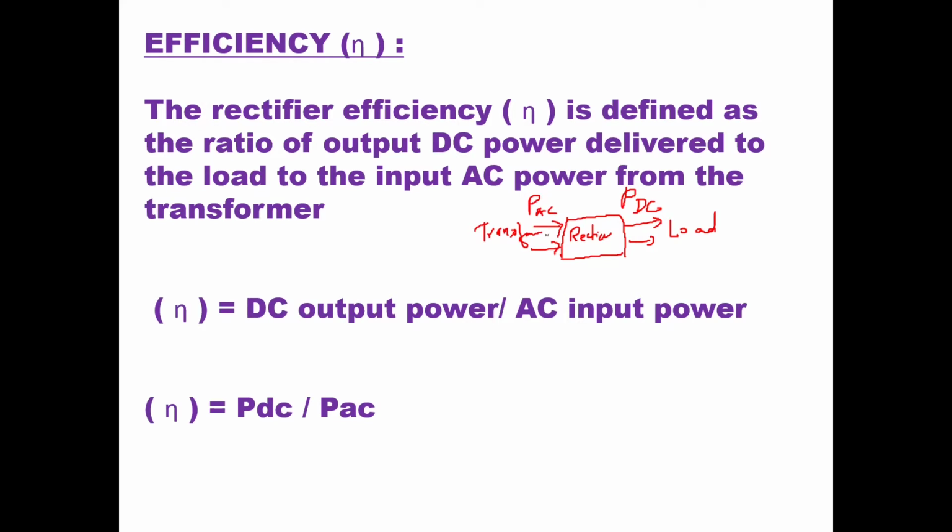That ratio, if you take, is called efficiency. So efficiency eta is equal to PDC upon PAC. Below here we have given the expression: efficiency is equal to DC output power upon AC input power, that is, PDC upon PAC.